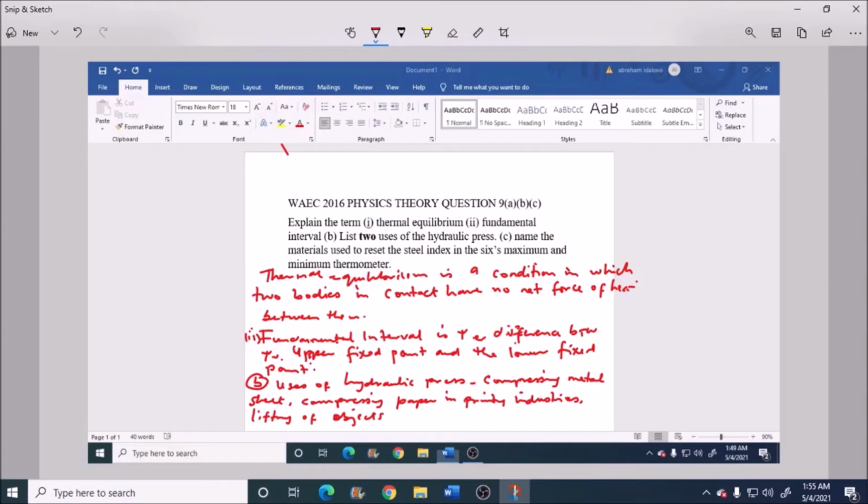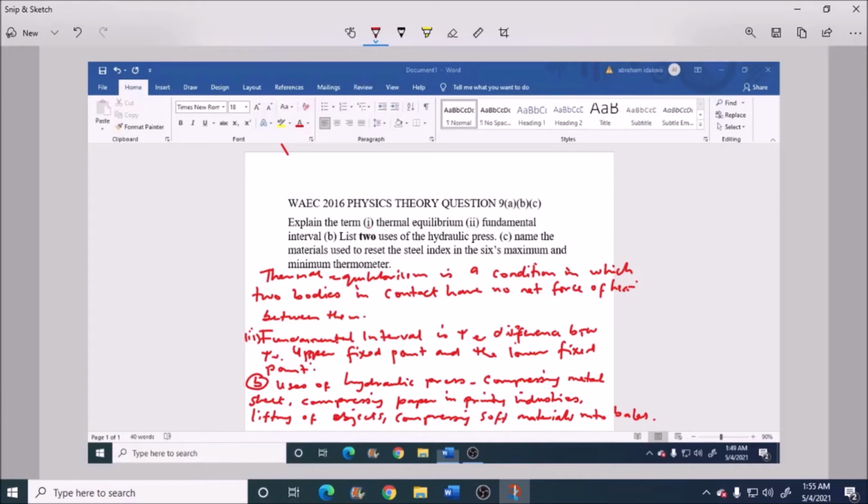Okay, now in answer to the question in C, which talks about the material that is used to reset the steel index in the Six's maximum and minimum thermometer.